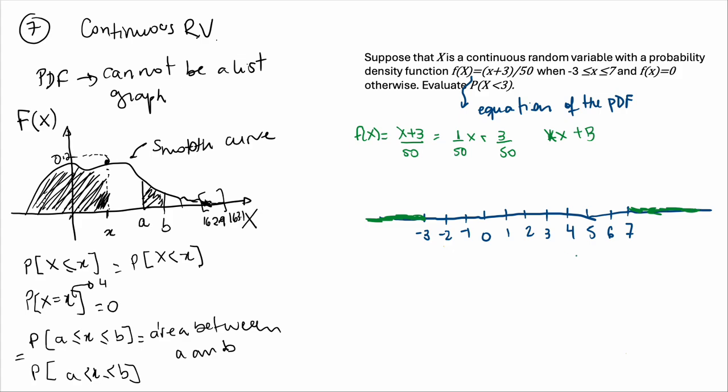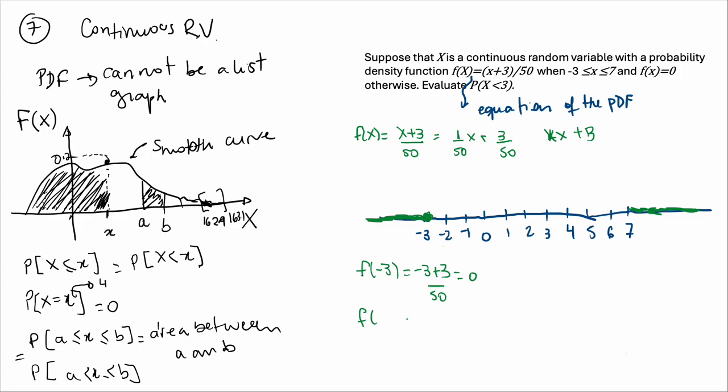How can I draw that? Well, a line connects 2 points, right? So let's evaluate my curve at the lower part of the interval. f of -3 will be (-3 + 3)/50, which is equal to 0. So my line sits on 0 when x is -3.